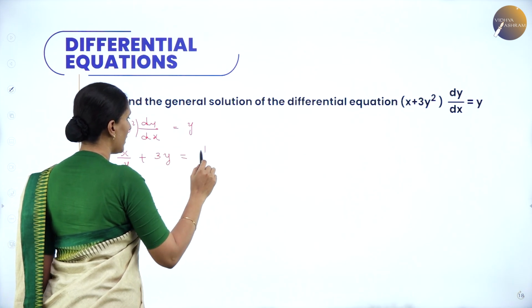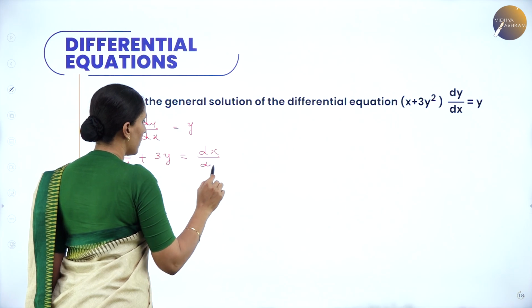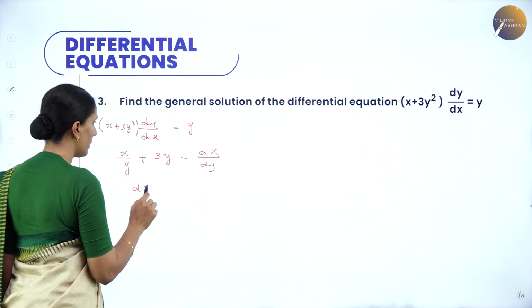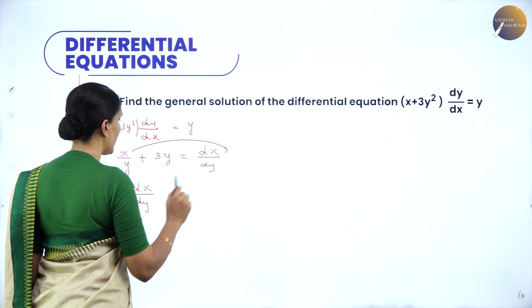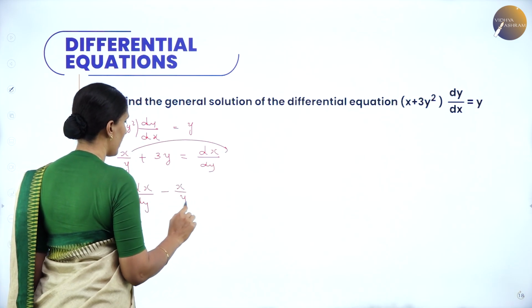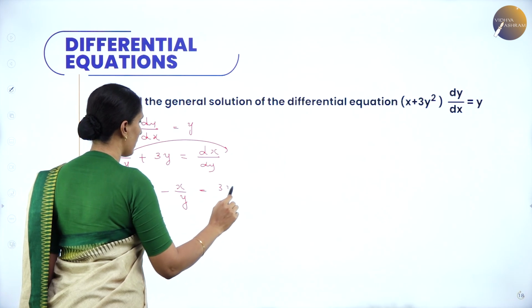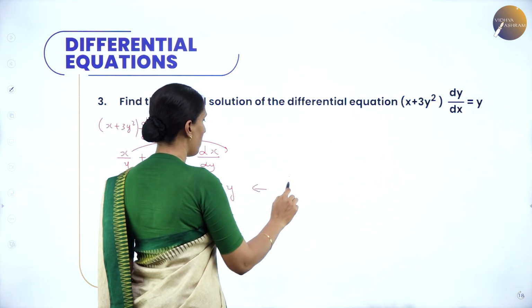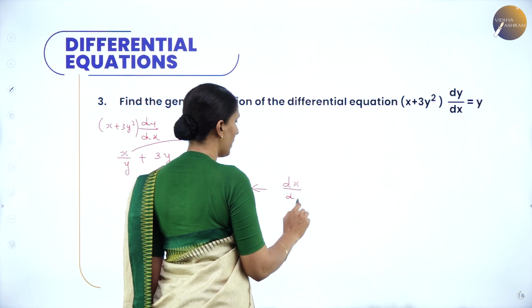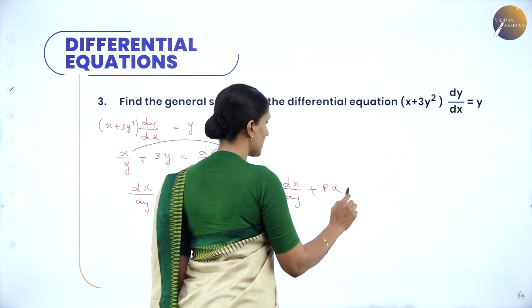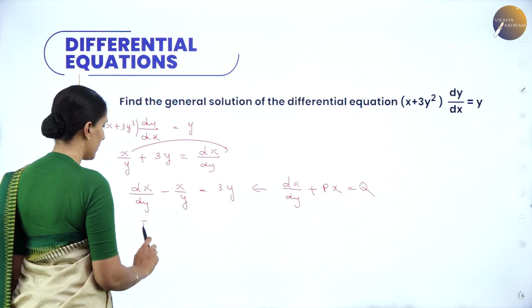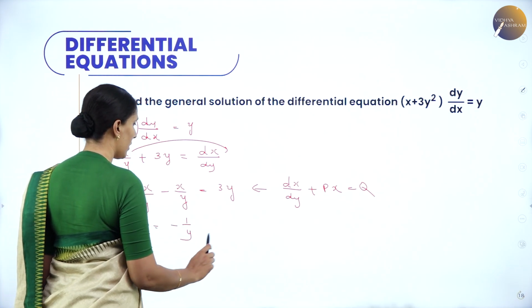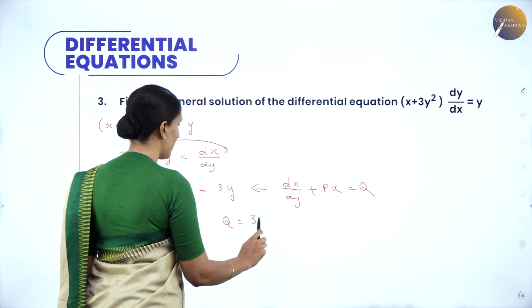I'll shift dx by dy here, then I'll convert this in the form of dx by dy. I'll shift minus x by y, then here I'll get 3y. So this is in the standard form of dx by dy plus px is equal to q, where p here is minus 1 by y and q is 3y.